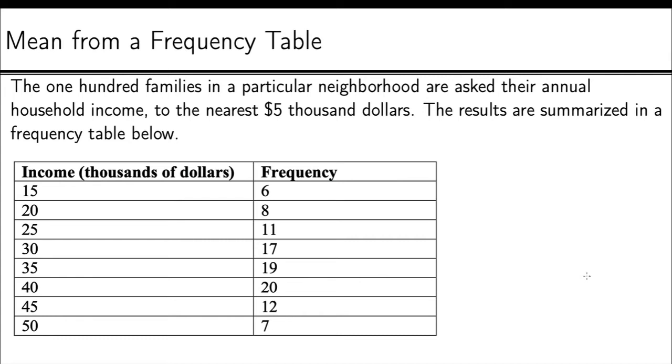So what we're going to do is we need to add up all the values. And this number here in the frequency column tells us how many of this number over here we need to add. And so what we're going to do is actually take these 2 numbers and multiply them together. Okay, so we're going to take 6 times 15 and 8 times 20, 11 times 25, and so forth.